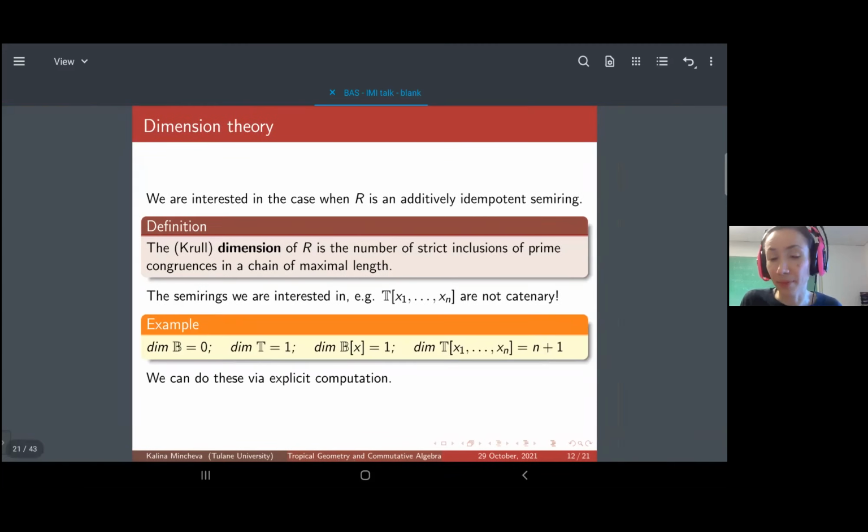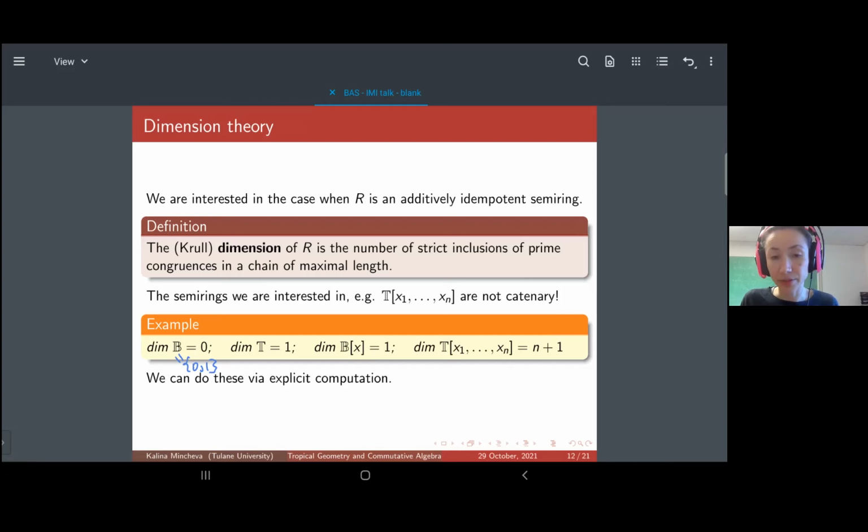Now, here are some examples. I just introduced this Boolean semifield, which was the set of two elements here. The dimension of this will be 0. However, with this definition, the dimension, for example, of the tropical semifield is 1. We're not used to having positive dimension for something that has the word field in it, but this one does.